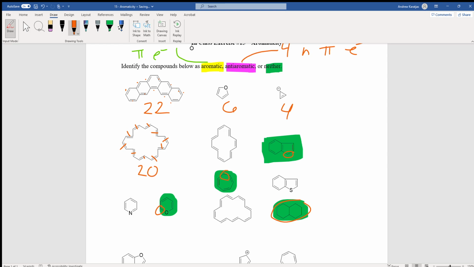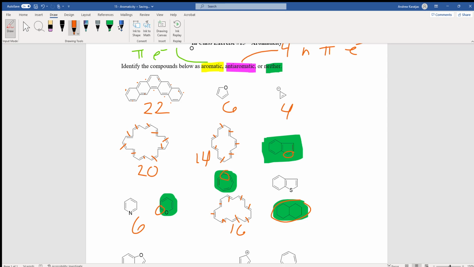Same thing with this structure, we're just going to be counting the pi bonds. 5, 6, we have a total of 7 for 14. Down here, this structure containing the nitrogen has 3 pi bonds for 6. Here we've got 1, 2, 3, 4, 5, 6, 7, 8. It's 16.